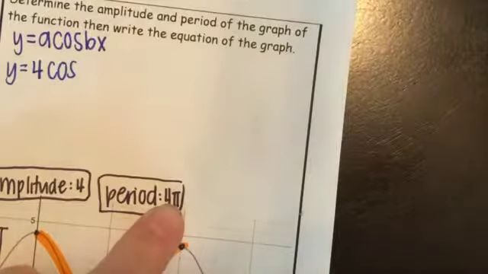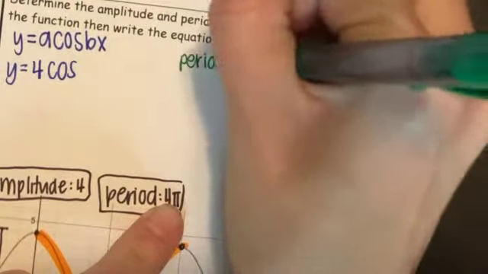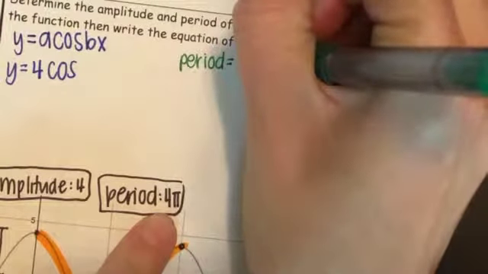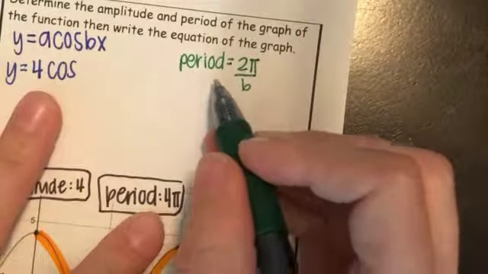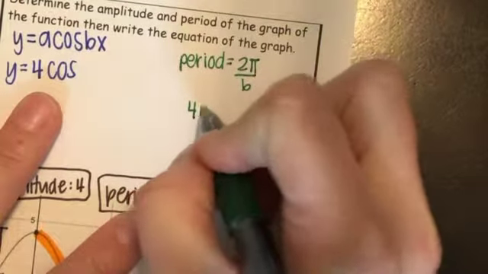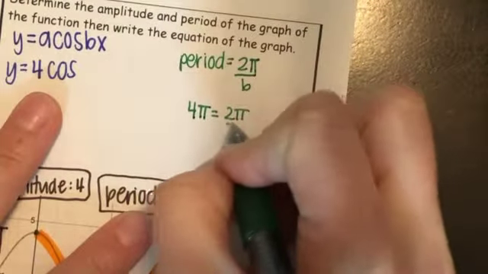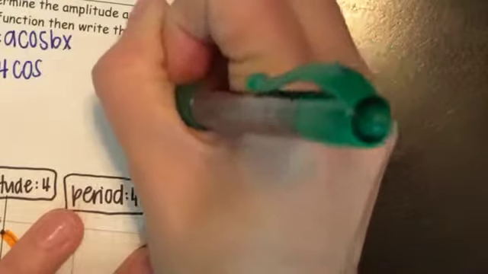Okay, the b value we have to find using that period formula. Period is equal to 2 pi over b. We know that the period here is 4 pi, so 4 pi is equal to 2 pi over b, and we're going to solve for b. To get rid of b here, we multiply it to both sides.